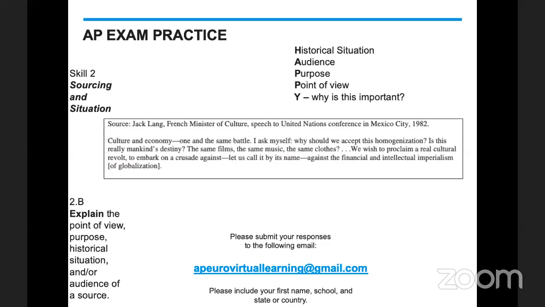And this is a short document, and it goes back to what I talked about at the beginning of the lesson when we're looking at the reactions to migration. And the source here is Jacques Lang, the French Minister of Culture, in a speech to United Nations Conference in Mexico City, 1982. So read along with me. Culture and economy, one and the same battle.